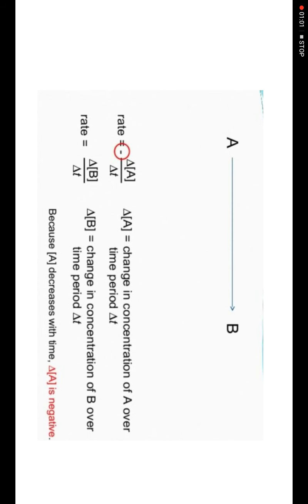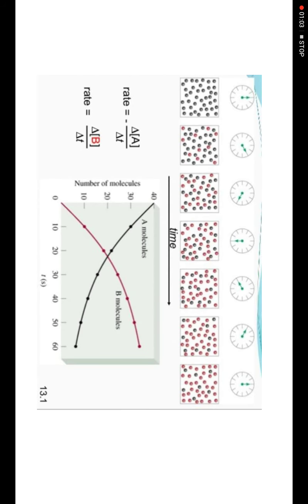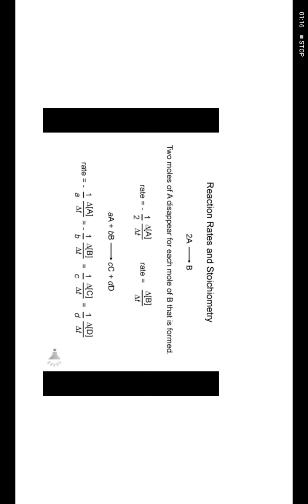Why? Because with time it decreases. So we can see from the graph that with time the reactants decrease and the products increase. See, A molecules are decreasing and B molecules are increasing.